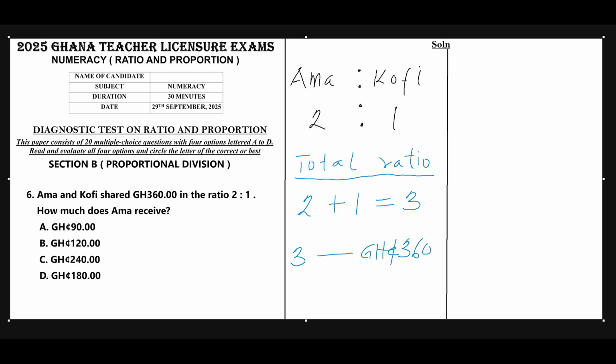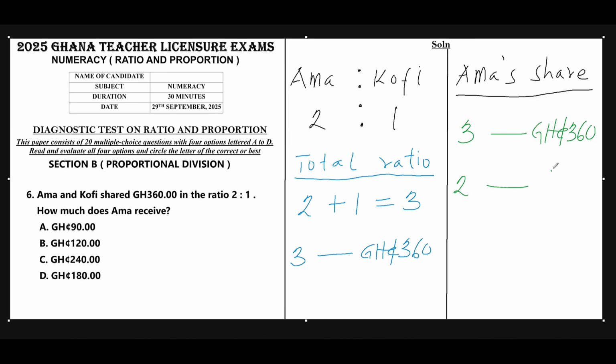Now, our main goal here is to find Ama's share. So if the total ratio, which is 3, is giving us 360 Ghana cedis, let me repeat that here, if the total ratio, which is 3, is giving us 360 cedis, then Ama's ratio, which is 2, must also give us a certain amount of money.